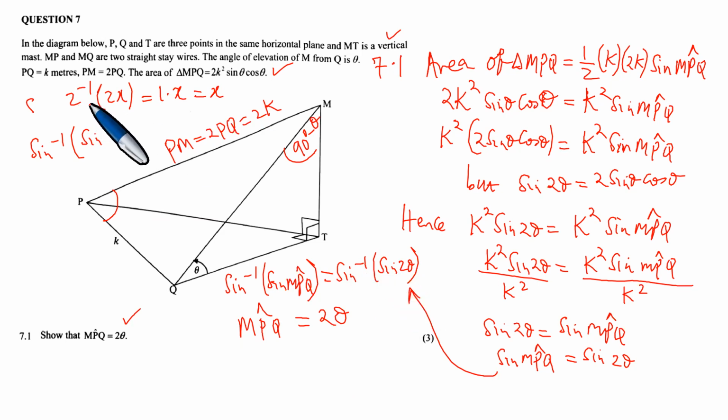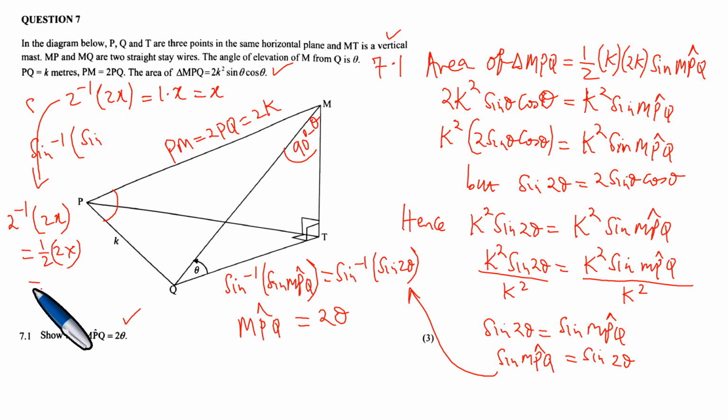You remember that the inverse of 2 can also be written as 1 over 2. So these 2 cancel, giving us x. So either way, the inverse sine removes the sine, giving us the identity function.